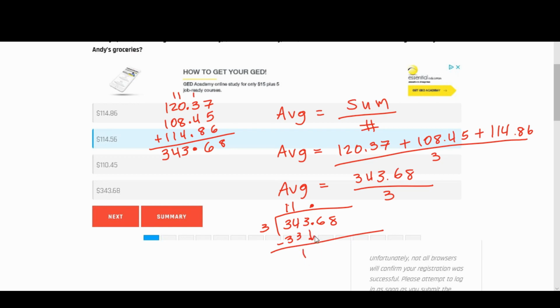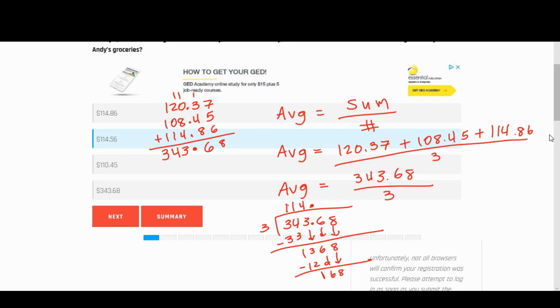We drop these down. 3, 6, 8. And again, now I'm asking myself, how many times does 3 go into 13? That's going to be 4. 3 times 4, of course, is 12. 13 minus 12 is 1. Drop down this 6, drop down this 8.